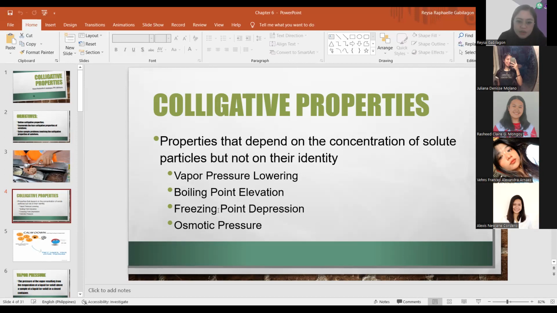And lastly, you have the osmotic pressure. Take note that the addition of solute will increase the osmotic pressure. The osmotic pressure is the pressure required for us to stop osmosis. Osmosis is the movement of water or any solvent from a region of lower to higher solute concentration.